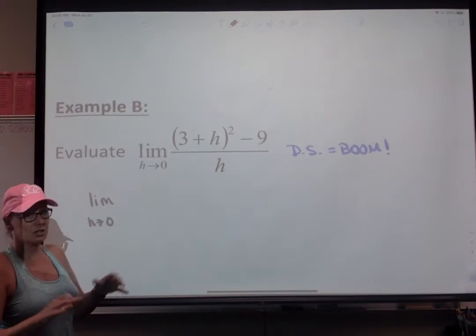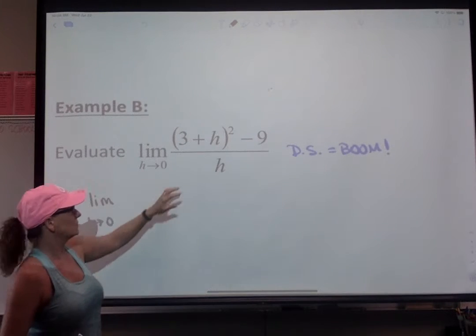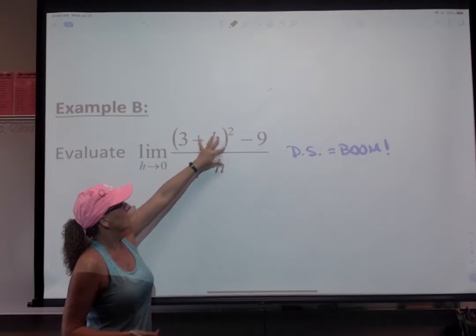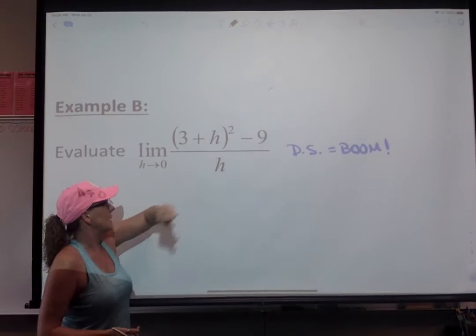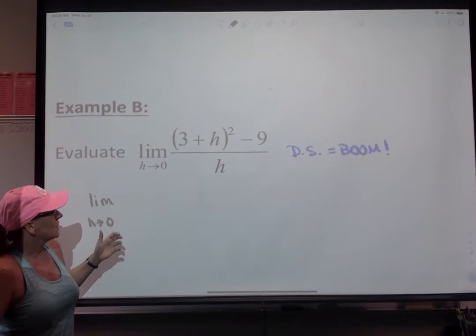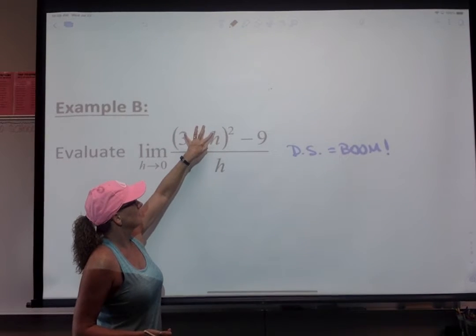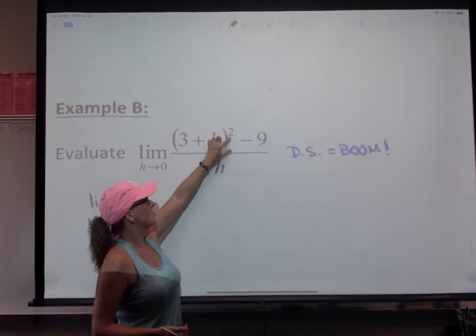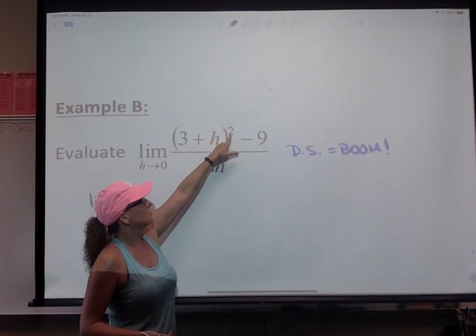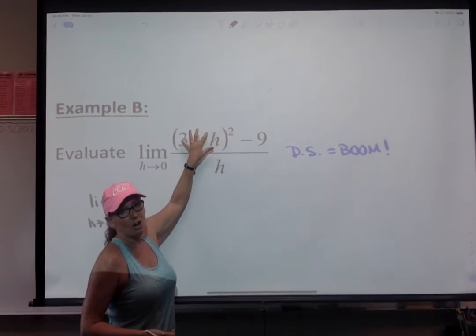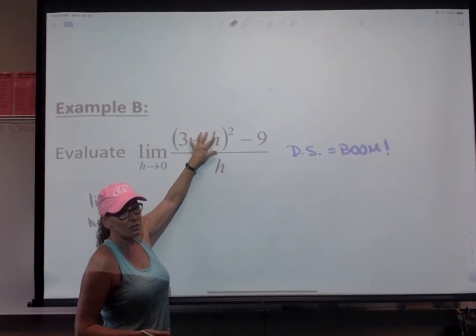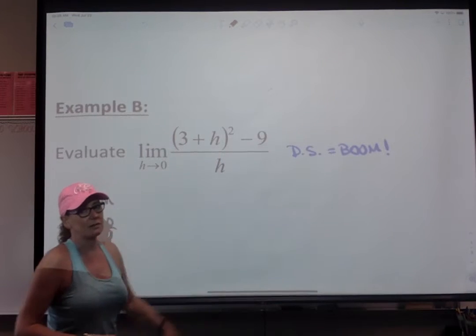You're going to kill like the cutest kitten ever if you try to cancel out those h's. This h is trapped inside a binomial. You can't do that. So that's not an option. You can't subtract 9 from anything in here because this is a quantity that's being squared. I think your best bet is to square this and see what happens. Like, go ahead and FOIL this out and see what you get.